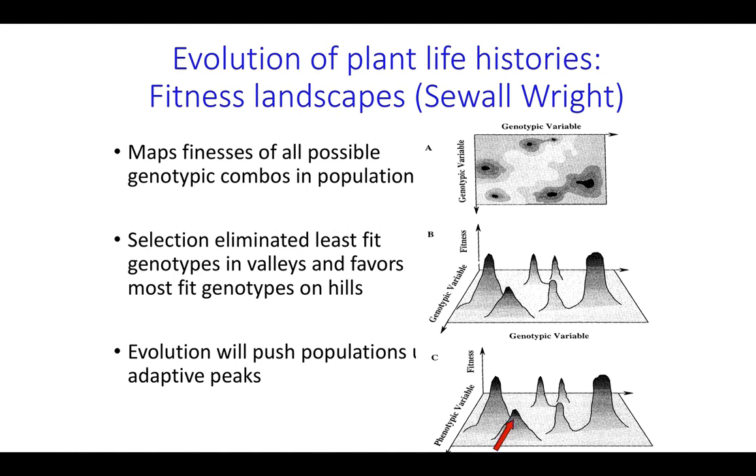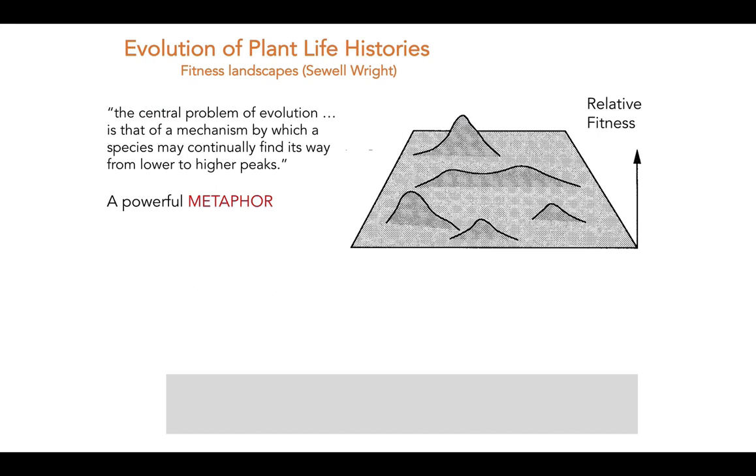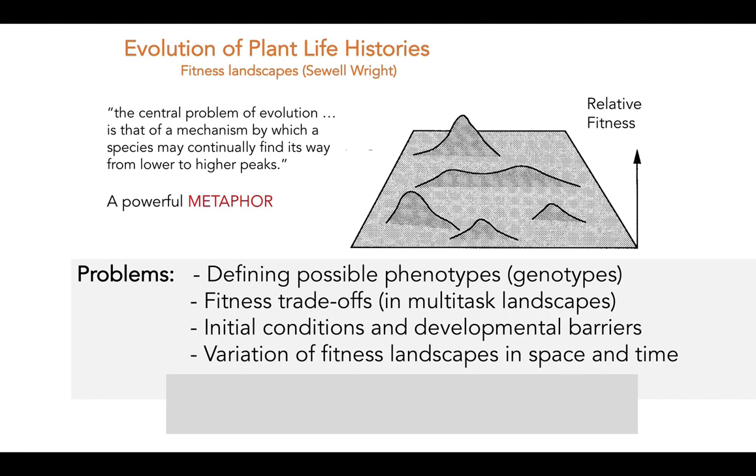Okay, and so the analogy here is that evolution is a walk on a fitness landscape, and evolution will always push a population uphill to the most favorable genotype or phenotype. So remember, this is a powerful metaphor. And so the quote is that a central problem of evolution is that of a mechanism by which species may continuously find its way from lower to higher peaks.